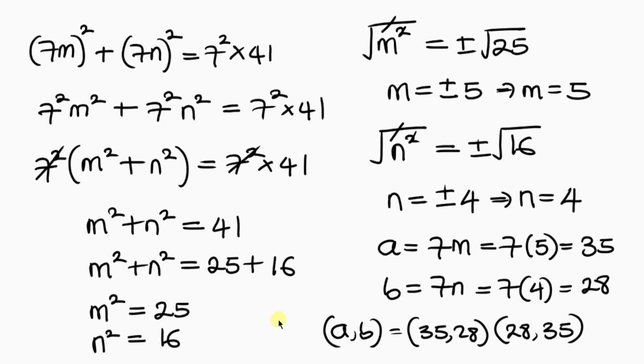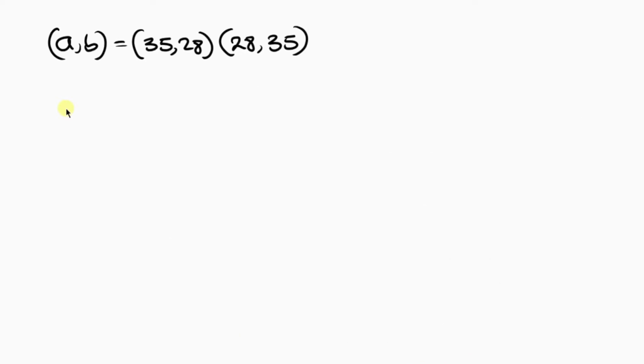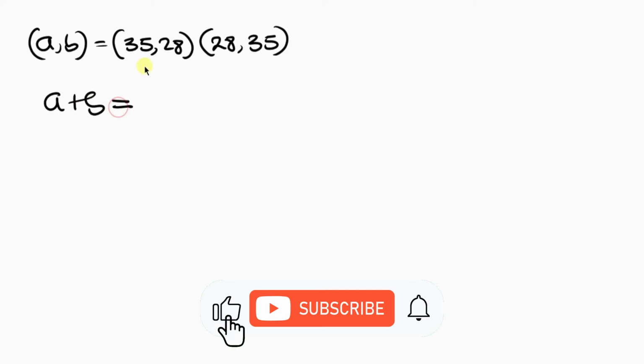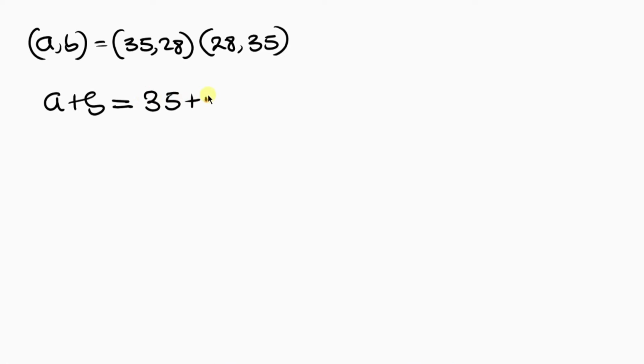And what does the question ask us to find? The question asks us to find a plus b. Now let's add up these two values. We're looking for a plus b. So let's add up. a is 35 plus b is 28. Now adding 35 plus 28, we have 63 as the final result. Whether we add this or this, we have the same thing.